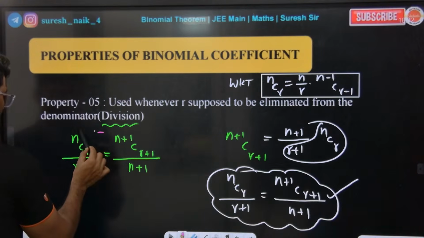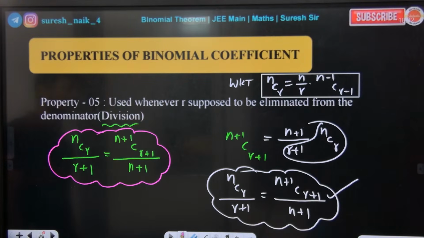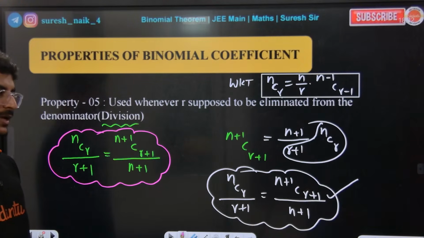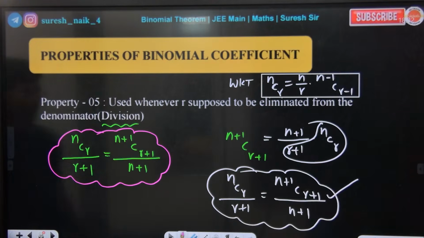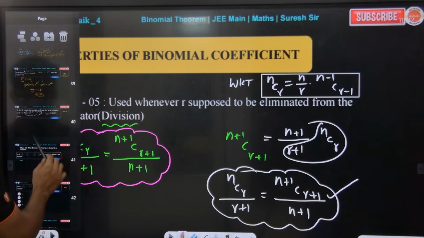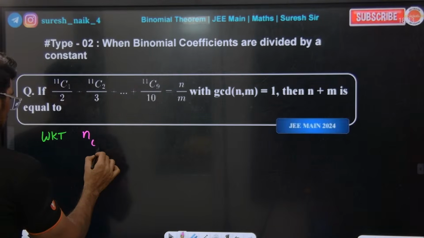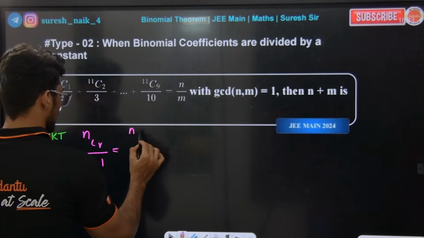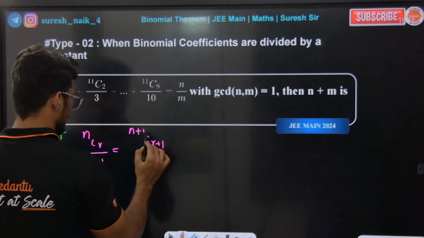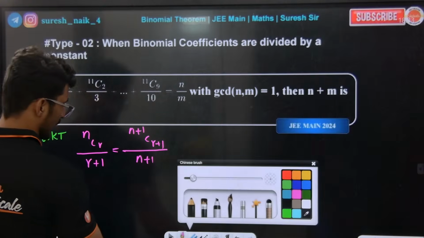I proved this as well. nCr by r plus 1 is equal to n plus 1 C r plus 1 by n plus 1. Apply the property and you will get the answer.